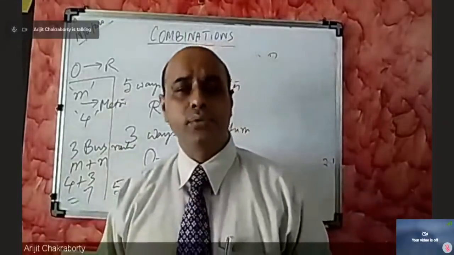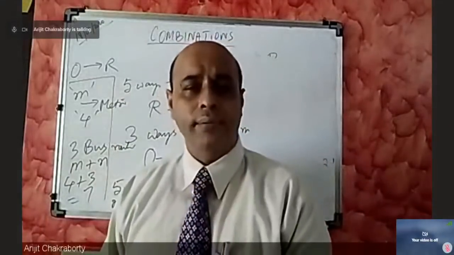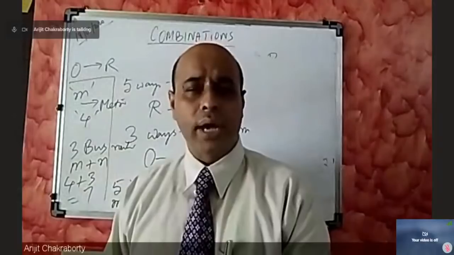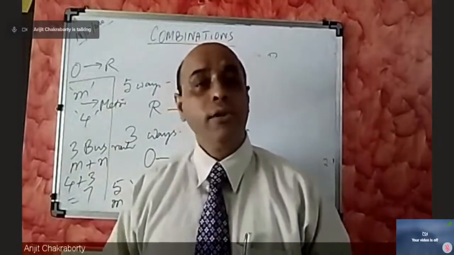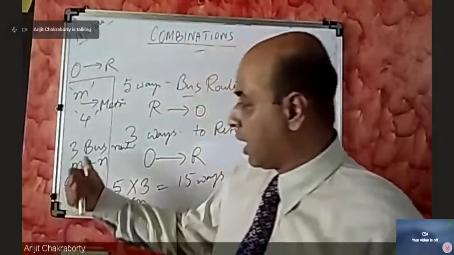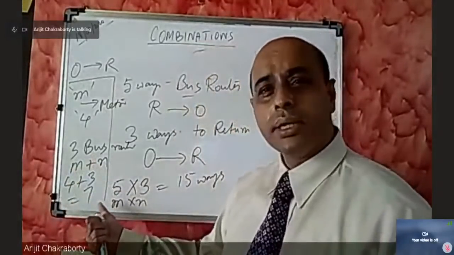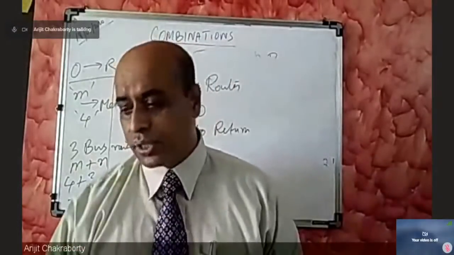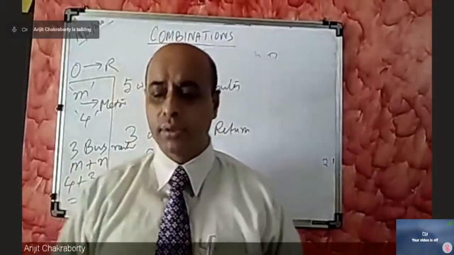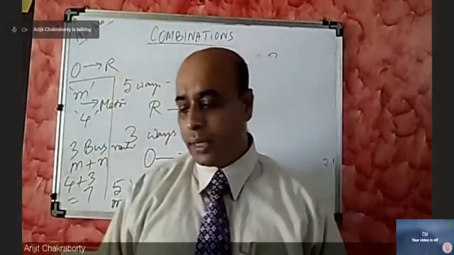In other cases, when there is only one event, one piece of work or one arrangement to be done, we apply, if necessary, m plus n, that is the addition rule of permutations.